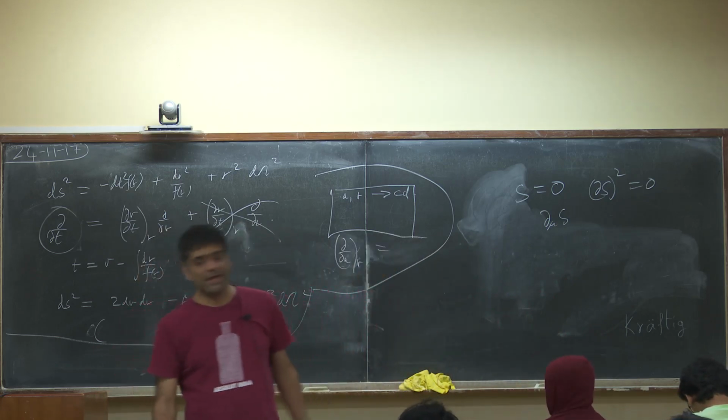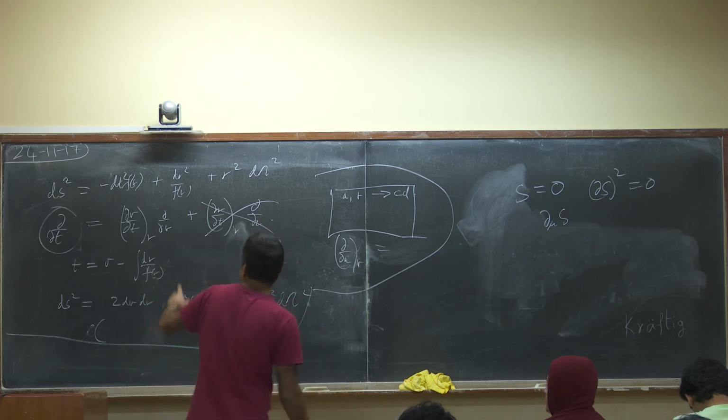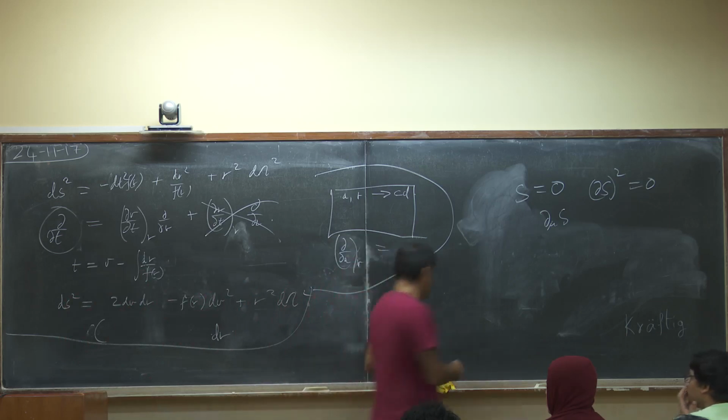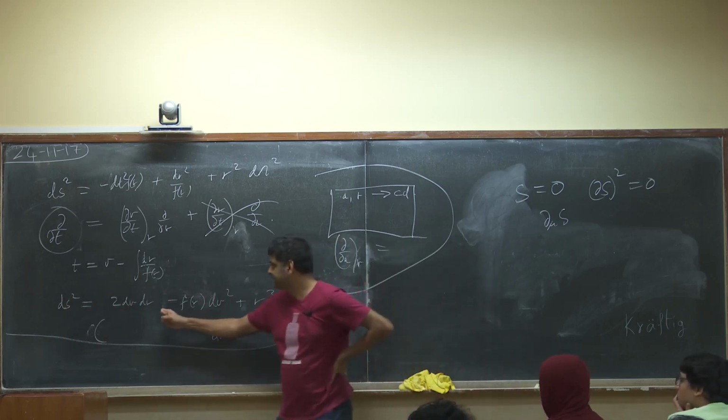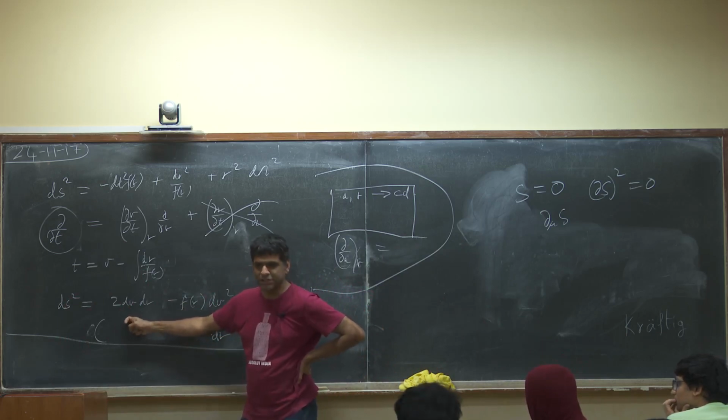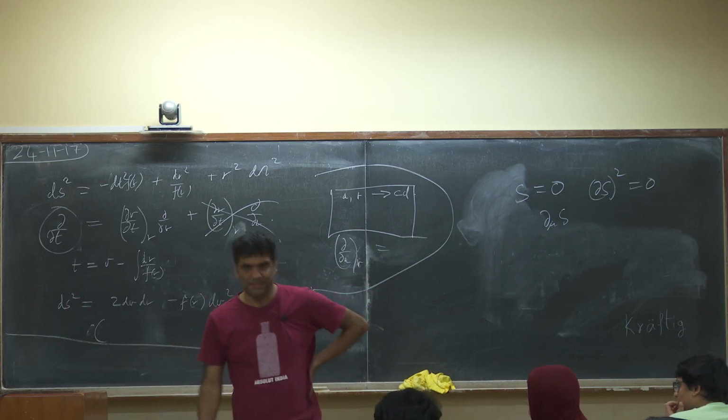Now I probably didn't even present it to you this way. Did we discuss that lines of constant v are ingoing null geodesics? We did, right? Okay.